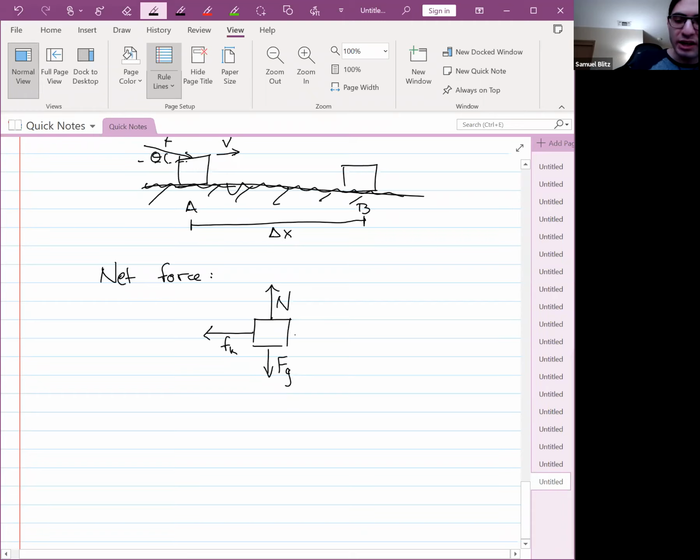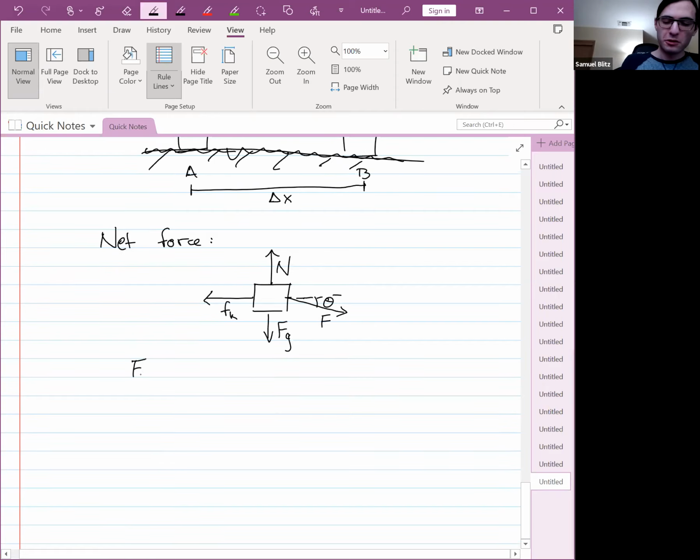And then there's an extra force F pointing down at an angle theta. Standard free body diagram. So the net force vector, we're going to use the standard coordinate system, x and y. In the i hat direction, we have F cosine theta, do some trig there, minus F sub k.